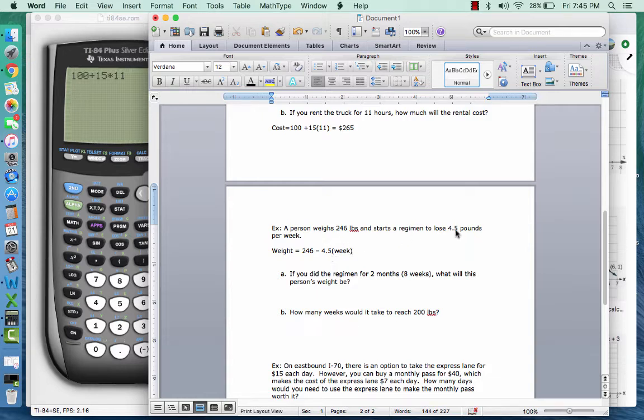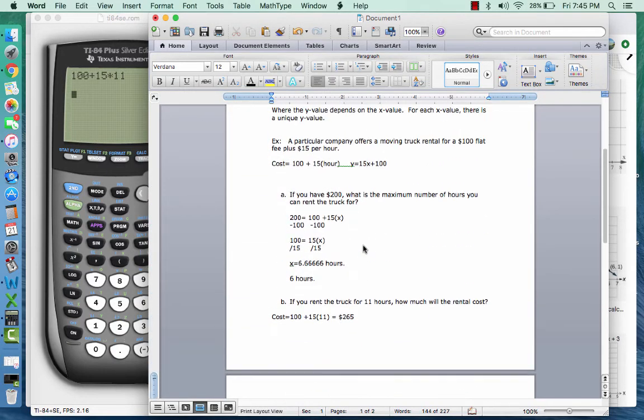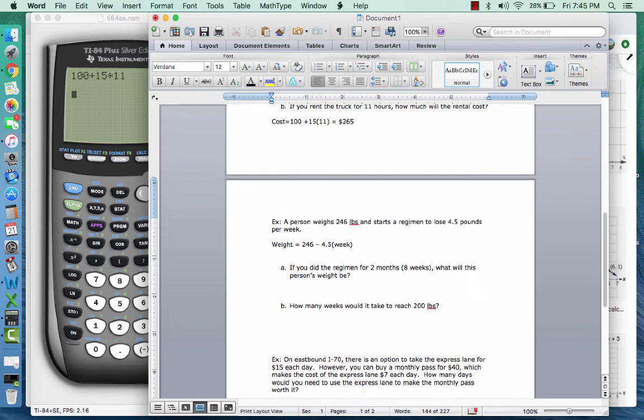So the rate is negative 4.5 per week, and the starting amount is 246. If you wanted to write this in formal y equals mx plus b, this would be y equals negative 4.5 times x plus 246.